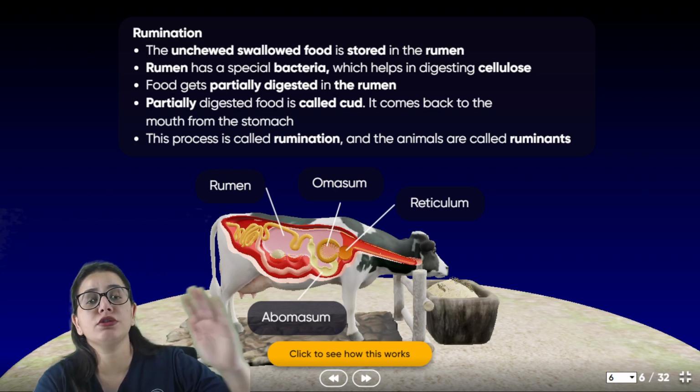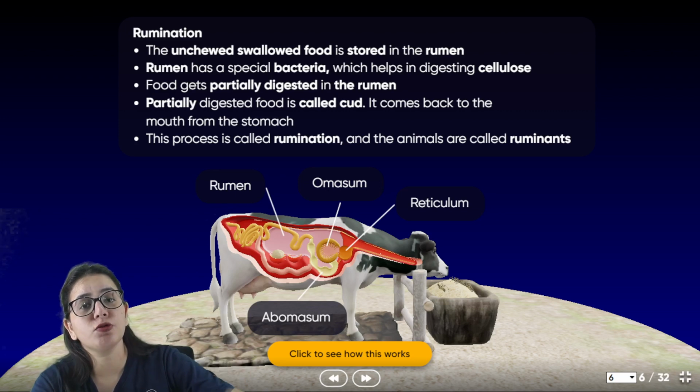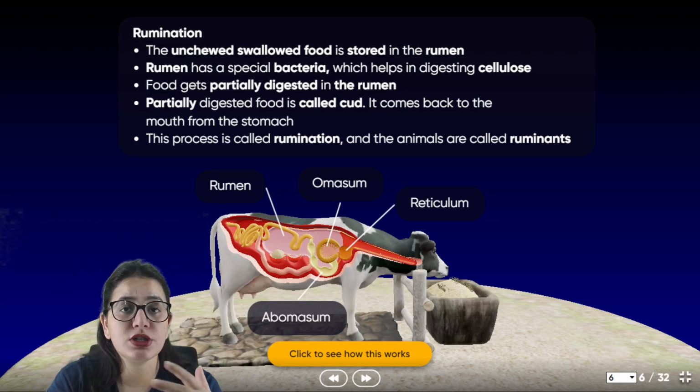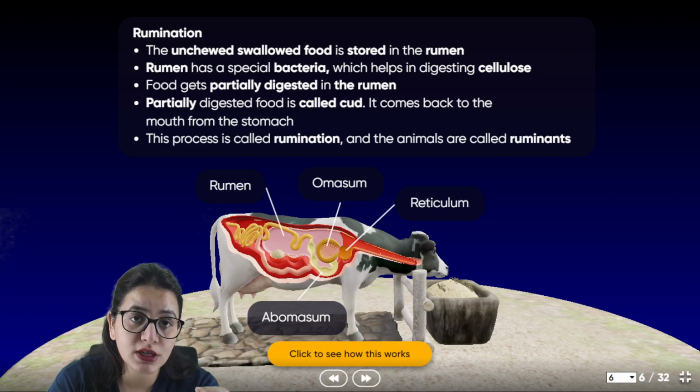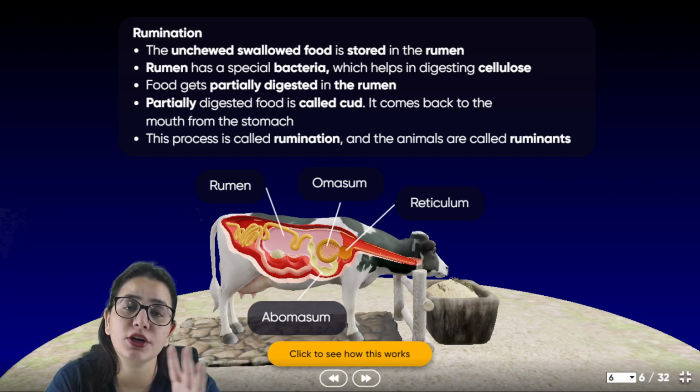The food goes into the rumen, bacteria act on it, the half digested food comes back to the mouth and the herbivore starts chewing it. This whole process is called rumination, and all the animals which follow such a digestive system are called ruminants. So all the herbivores are called ruminants.